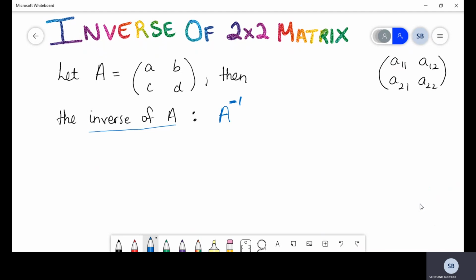And how do we find this? Well, there's actually a formula to find the inverse of a matrix. Also take note that when you are reading this out, never say A to the power of -1. You are reading it as A inverse. So A inverse is given by a special formula.